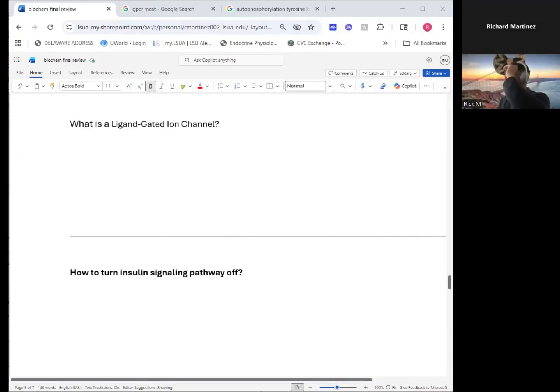So if there's an excess second messenger, it's going to create too much cAMP. Exactly. So if we're creating too much cAMP, we're going to have a ton of ion loss, a ton of water loss.